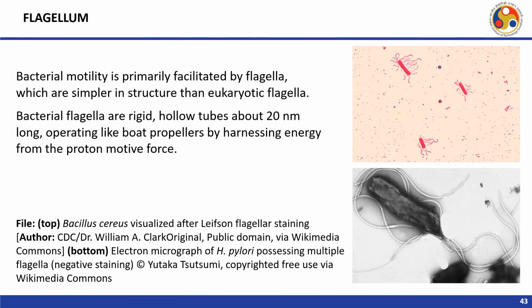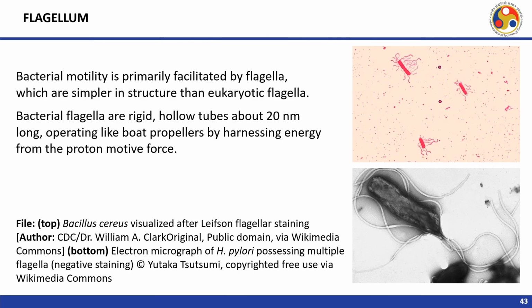Flagella are simple in structure, bacterial flagella particularly, compared to the eukaryotic flagella; some eukaryotes also have similar structures. Bacterial flagella are rigid, hollow tubes about 20 nanometers long, operating like boat propellers by harnessing energy from the proton motive force.